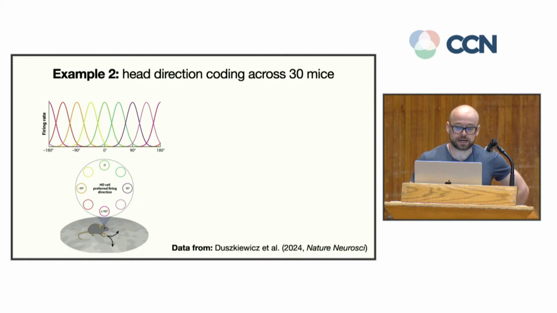Now I want to give you an example of comparing across animals from the same brain region. So this is data from Adrien Peyrache's group, head direction cells in postsubiculum. These are neurons that fire when the animal is facing a certain direction, giving you tuning curves similar to the top here.